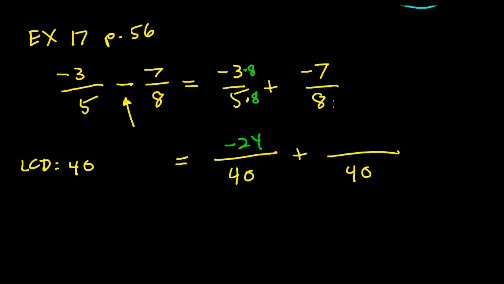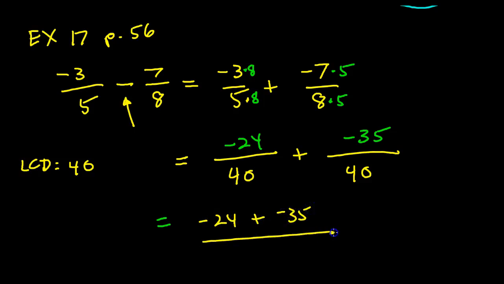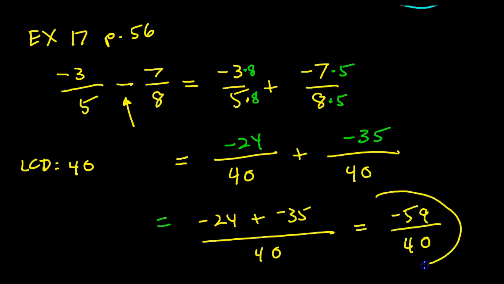In the second fraction, I'll multiply top and bottom by 5. Again, you want to end up with 40 as a denominator. Your adjusted numerator is then going to be minus 35. And, of course, I will then add or subtract my numerators as indicated. I'll get minus 24 plus minus 35 over 40, and that gives me a return of minus 59 over 40.